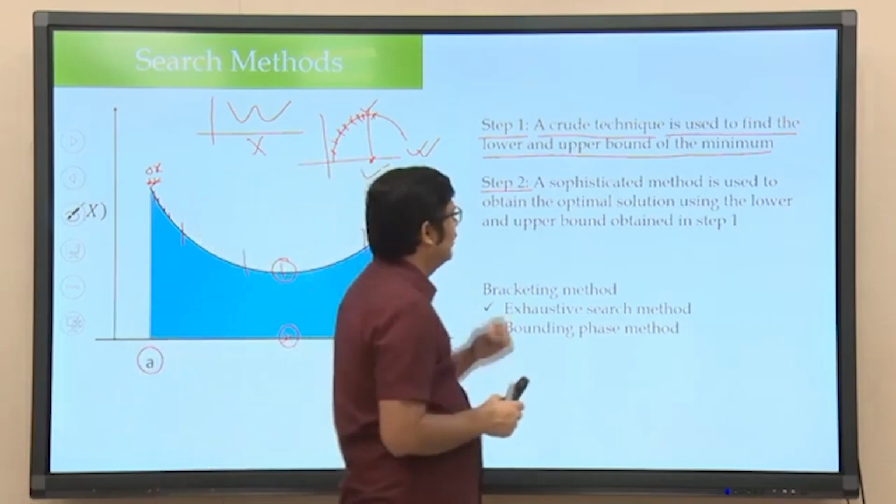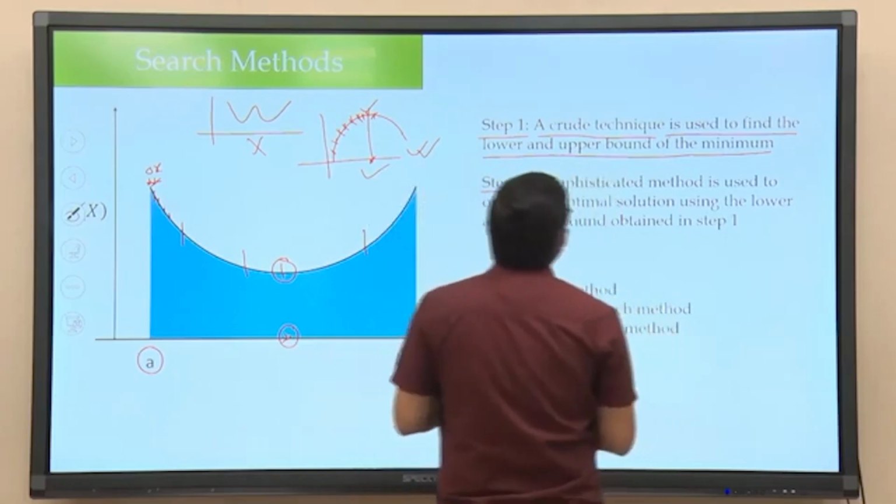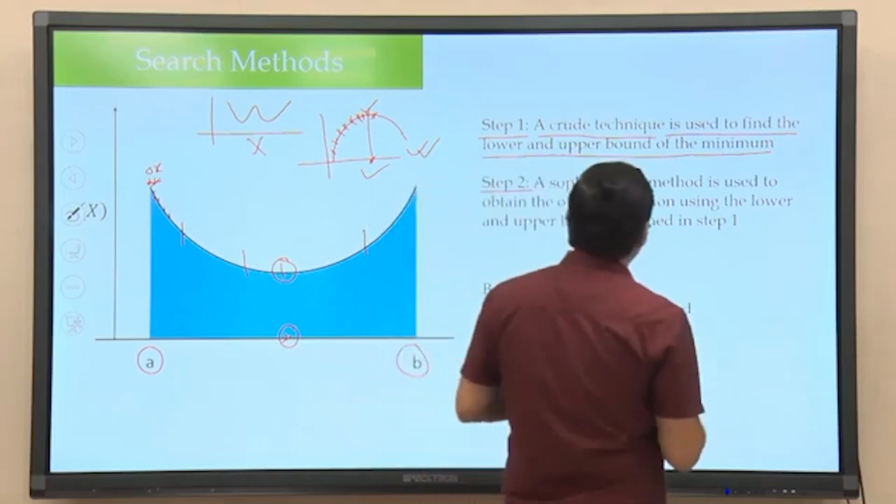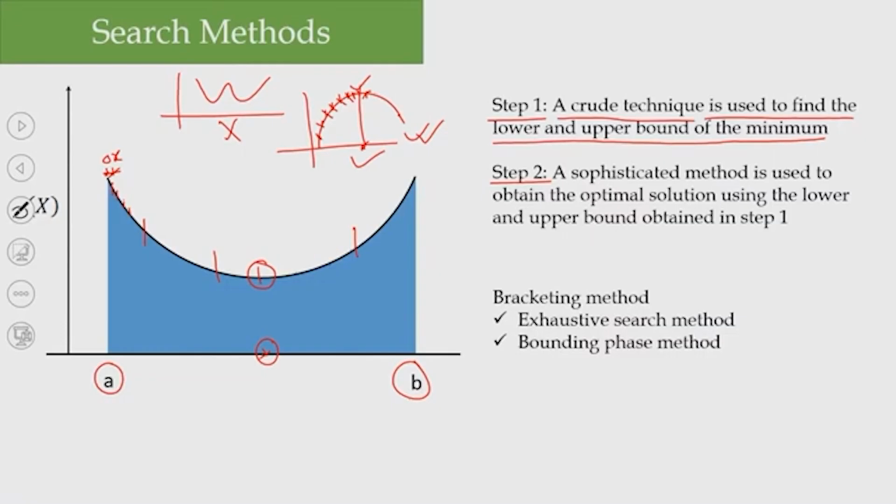So, in step 1, I am applying an algorithm that is not sophisticated, it is a crude technique, to find the lower and upper bounds of the minimum. Suppose this is the optima. I would like to bracket the optima, that means find this lower bound and this upper bound, and then I can say that my optima is in this narrow region.